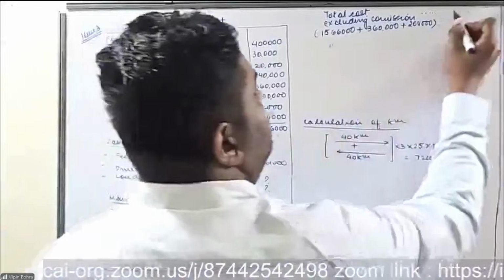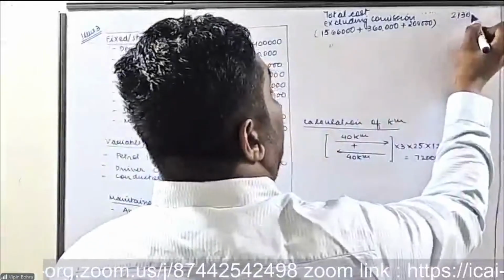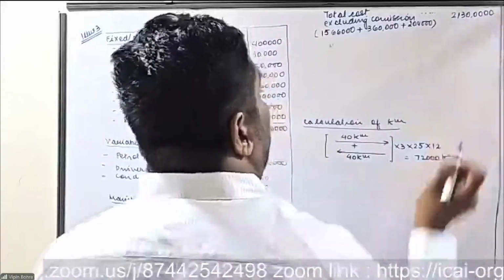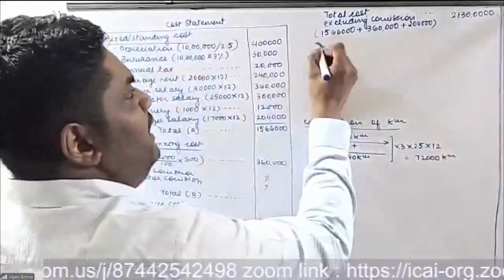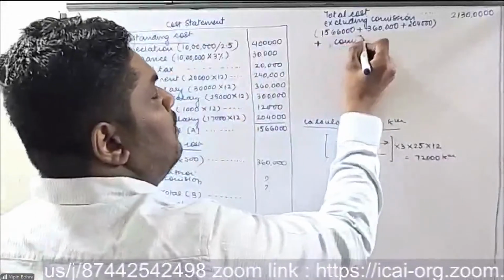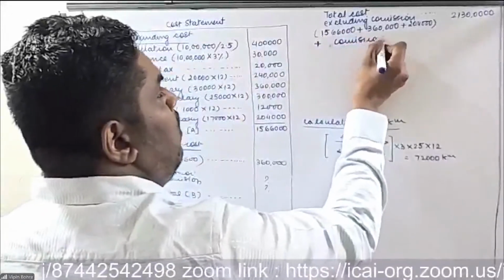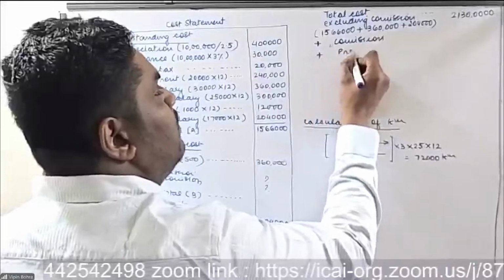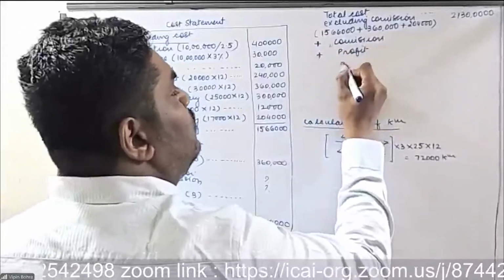So 21,30,000. In this we have to add commission plus profit to get the total revenue.